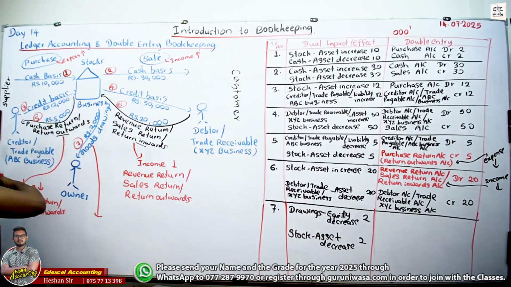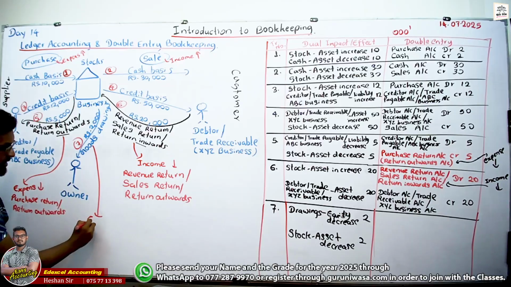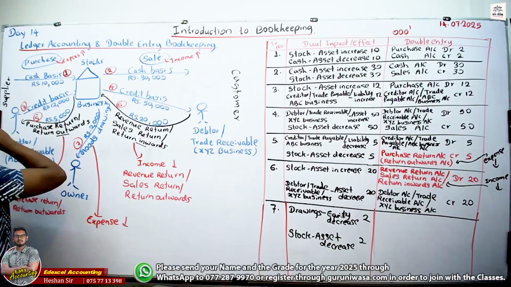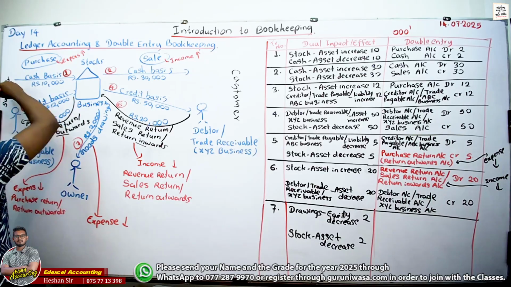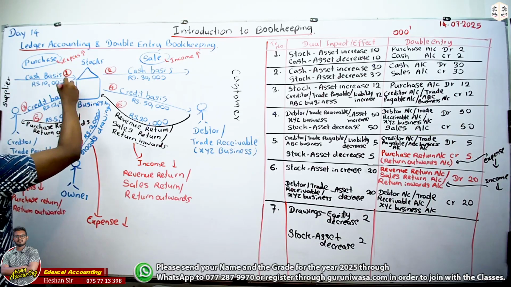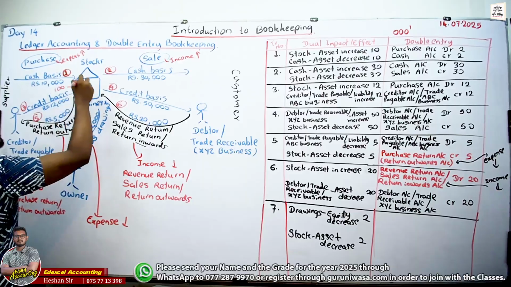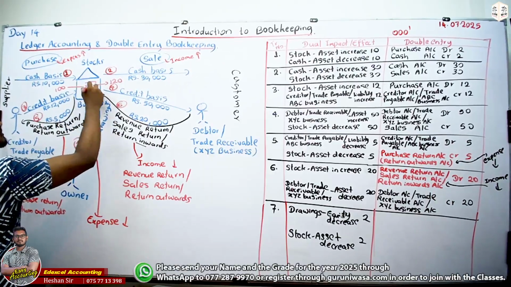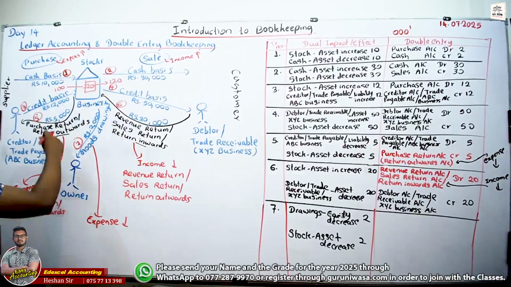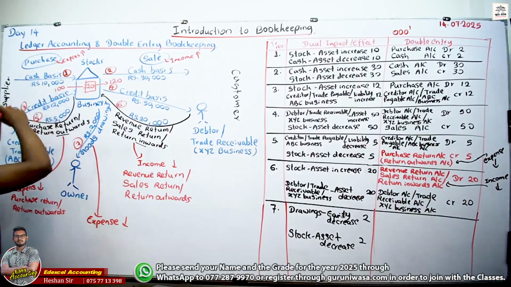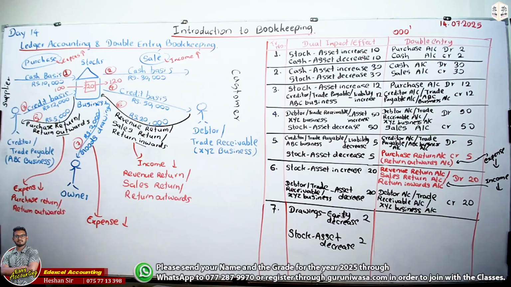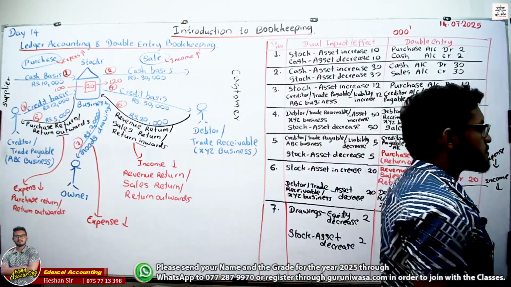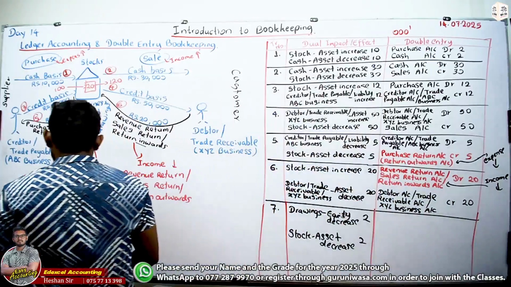When owner withdrew it, our expense decrease. Why? Think we purchase 100 worth of goods. We sell to 120. Our profit is 20. Now owner withdrawing is 100 worth of goods, not the 120, because we give the goods to the owner from the cost price, not from the selling price.